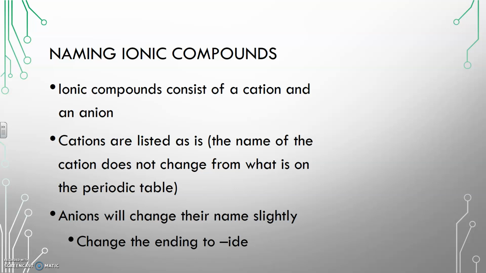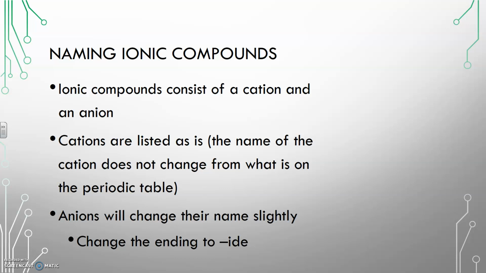Usually when we're talking about anions, we're going to change the ending of the name on the periodic table to -ide. So chlorine becomes chloride, iodine becomes iodide, oxygen becomes oxide.